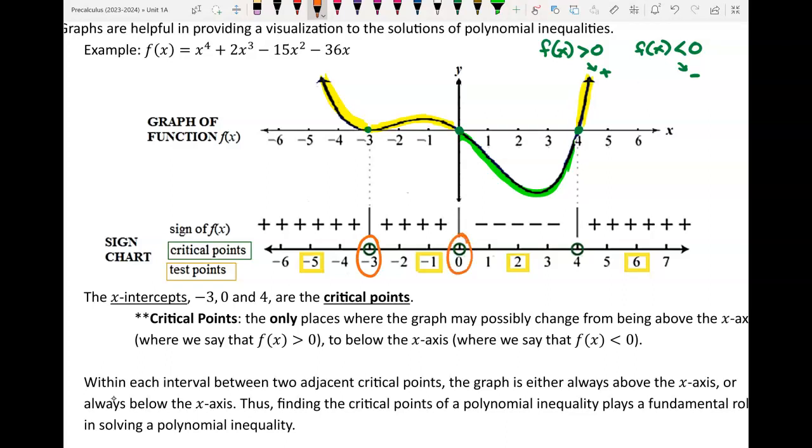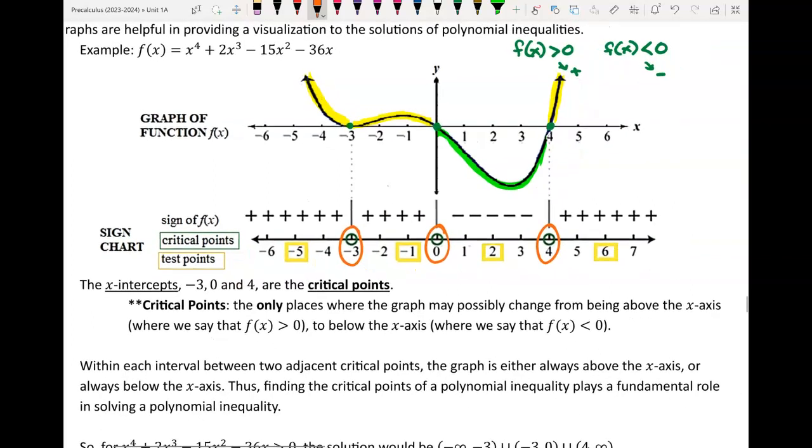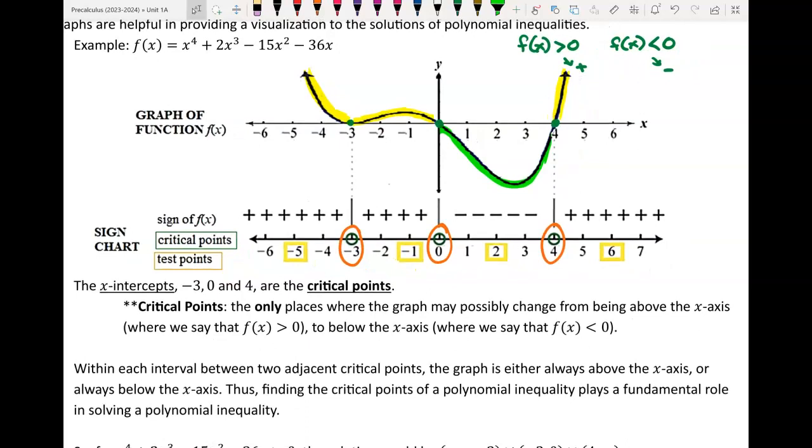And those are going to be what we call our critical points, because those are the places and the only places where the graph might possibly change from being positive to negative, because it is through the x-axis or the x-intercepts that the function will cross the x-axis and go from either positive to negative or from negative to positive.